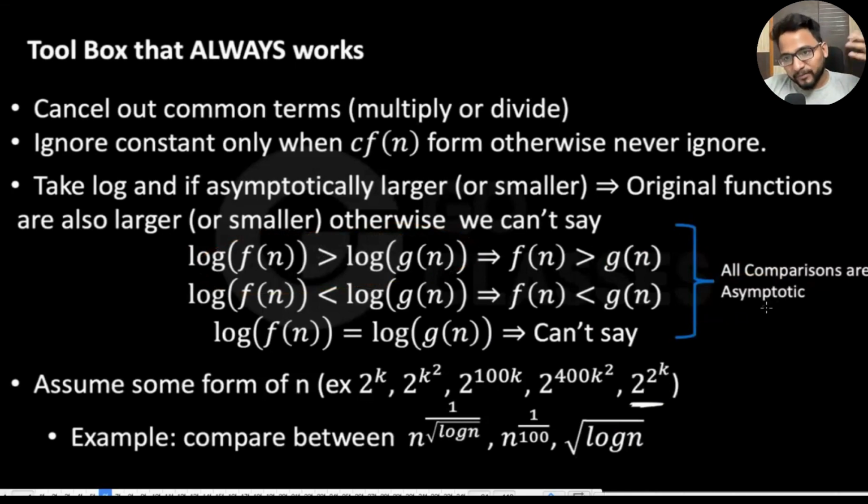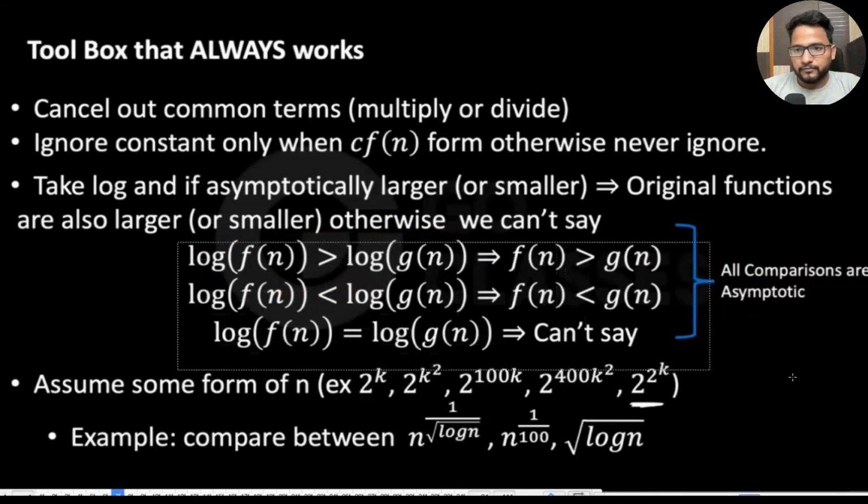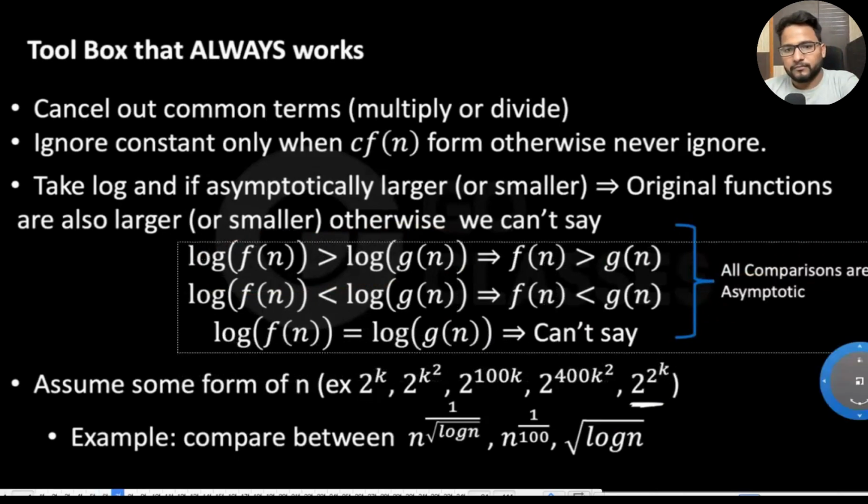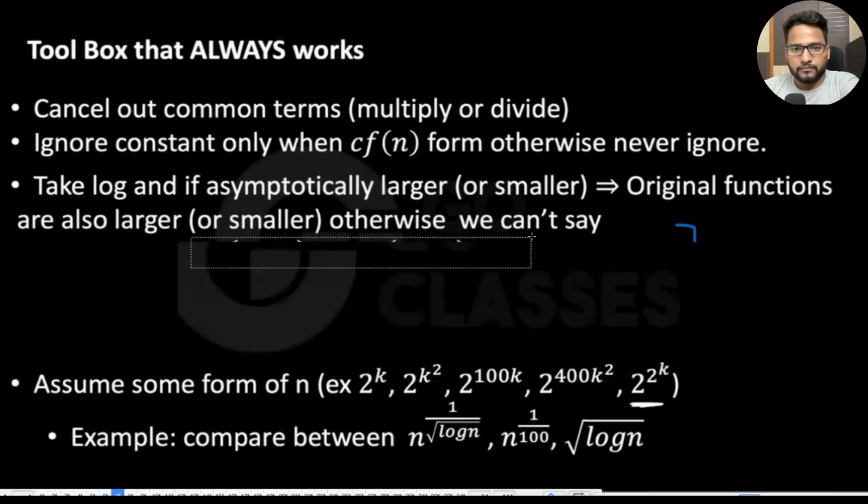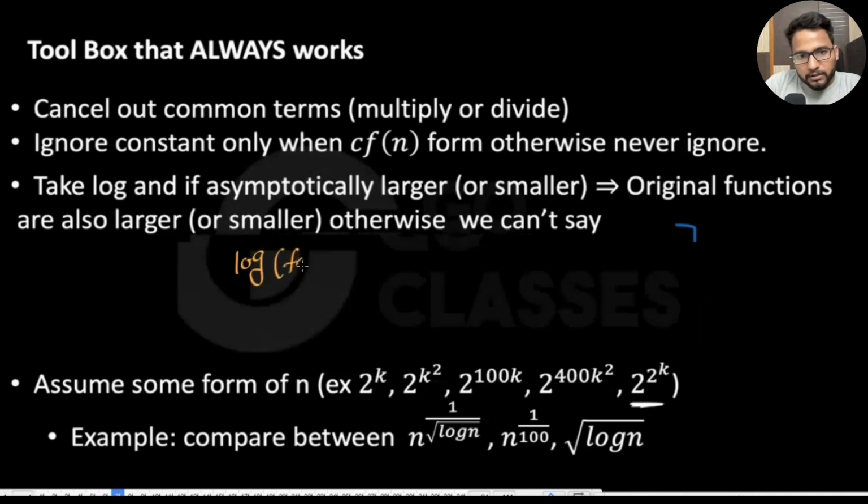If I mean asymptotic, I will write asymptotic. Actually, I wanted to avoid this thing. See, I could have written like this, instead of writing all of this. What was that? Log of f(n), right?